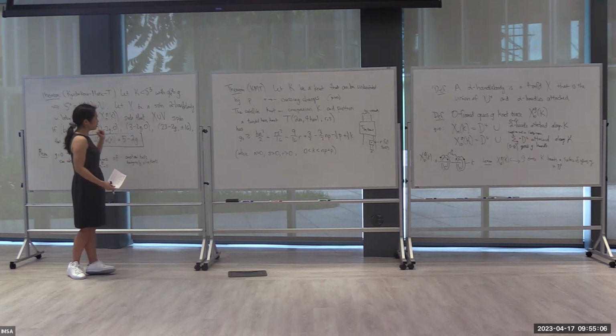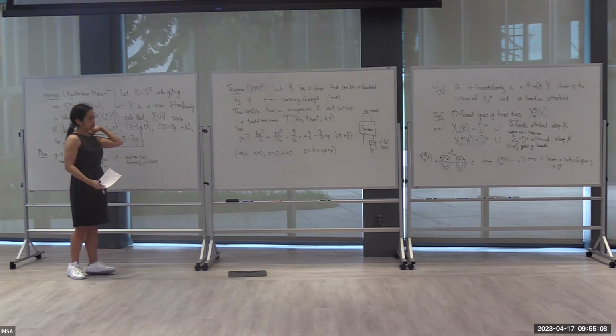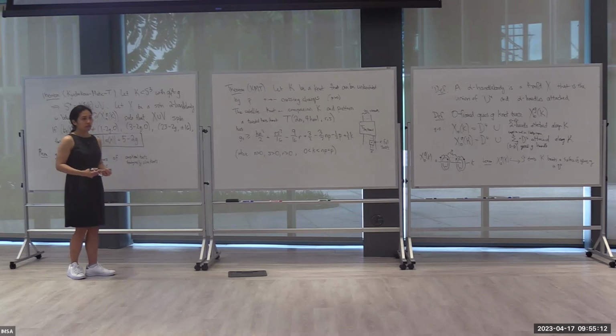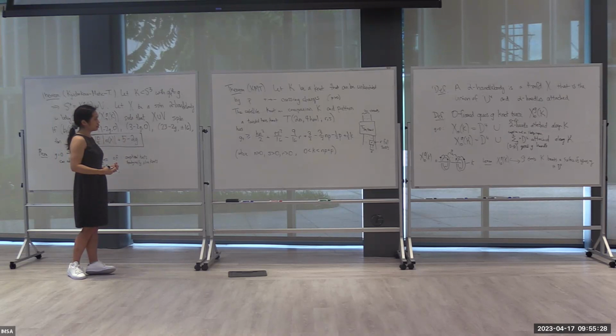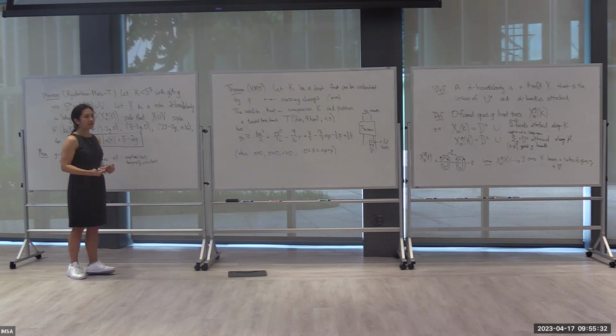For the genus G cases, the boundary has 2G plus 1 spin structures. The boundaries of S1 times sigma G models, right? What is the spin structure on S1 times sigma G?